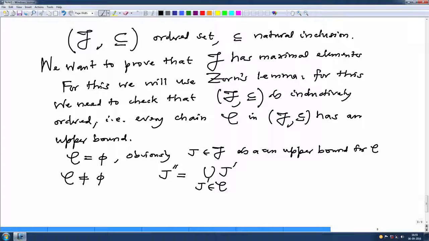So because C is non-empty, this J double prime makes sense, and it is obviously a subset of I and obviously contains J, because each J prime is in C, C is a chain, and all elements of C contain J. Therefore J is a subset of J double prime and J double prime is a subset of I. Now it is clear that J double prime is an upper bound.